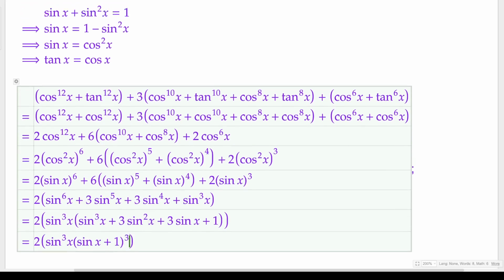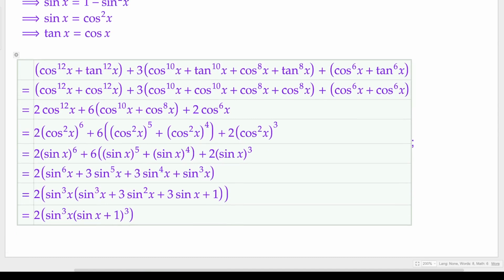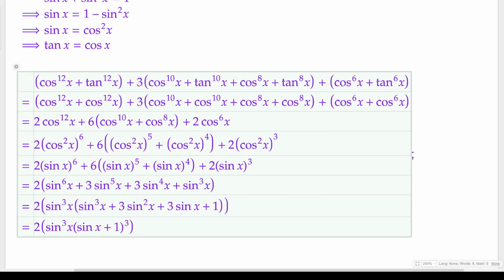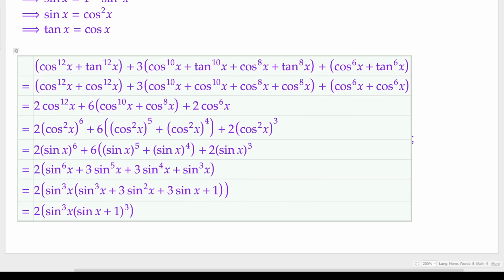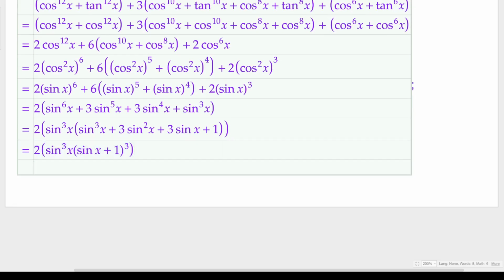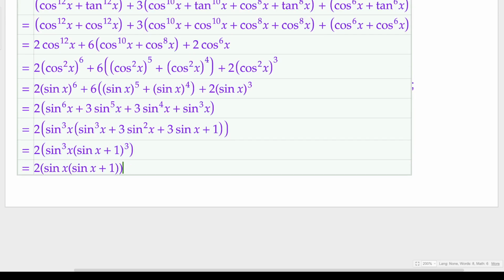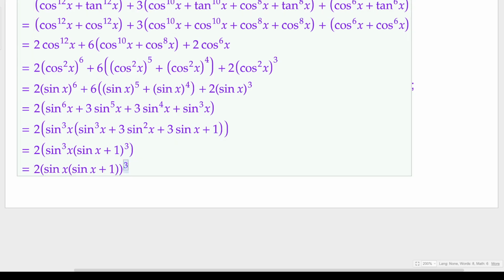Now, instead of the sine cube x, how can we resolve this further? So if you observe this sine x, right? So this entire thing I can take again as common. So what I can do in this part, this will be written sine x as it is, and this term I can take the power at this place, right?